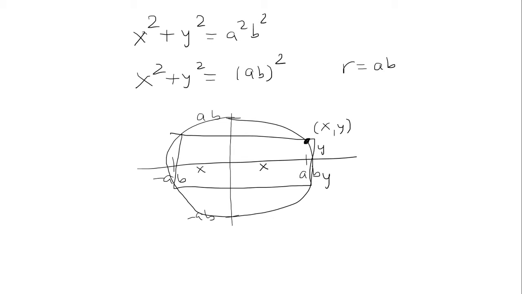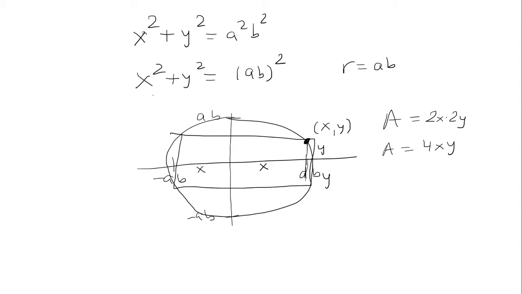Because we're centering around the origin, this is y and this is also y. So this rectangle should be symmetric about the x and y axis. So the area then will be 2x times 2y, which will be 4xy.